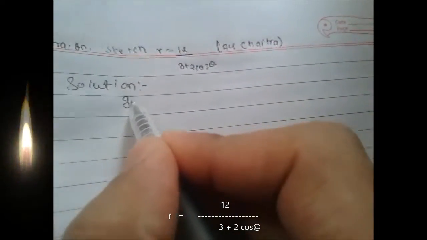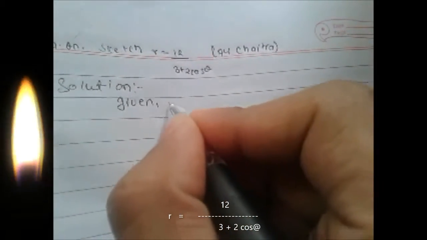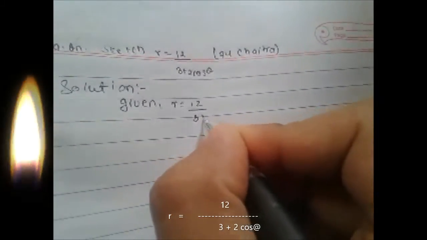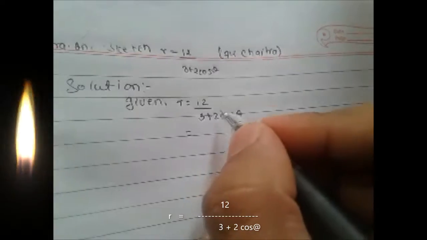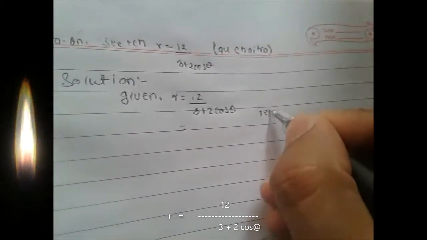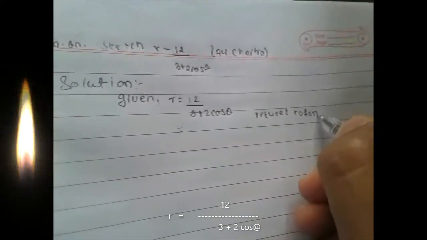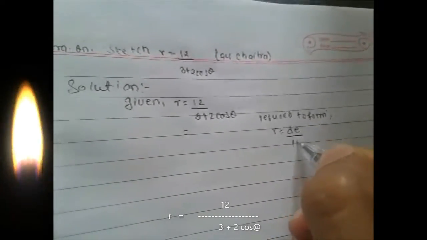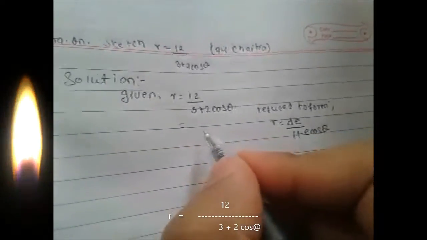What is given? Given r is equal to 12 by 3 plus 2 cos theta. We reduce it to the form r is equal to dE upon 1 plus E cos theta.